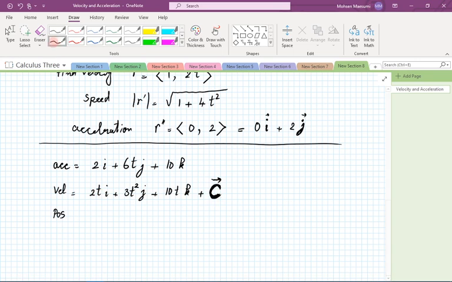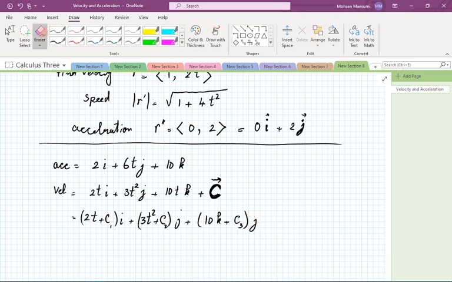The alternative for writing it this way would be, for example, 2t plus constant number 1, i, 3t squared plus constant number 2, j, plus this one is going to have its own constant, let's call it c3, k.